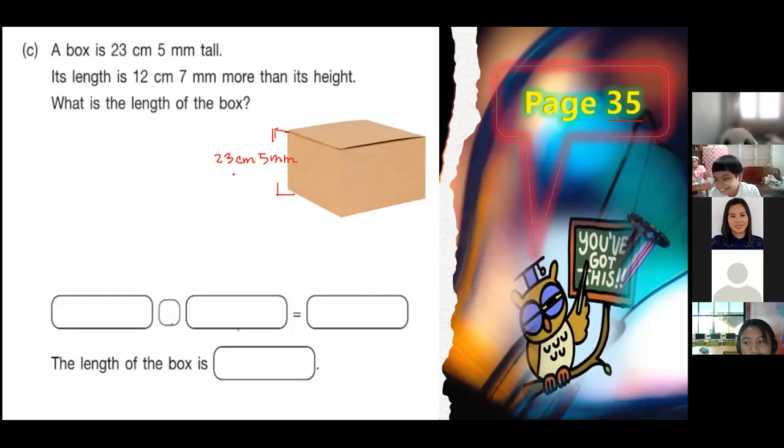Okay, 23 centimeter and 5 millimeter. And the question here is its length is 12 centimeter and 7 millimeter more than its height. So what is the length of the box?